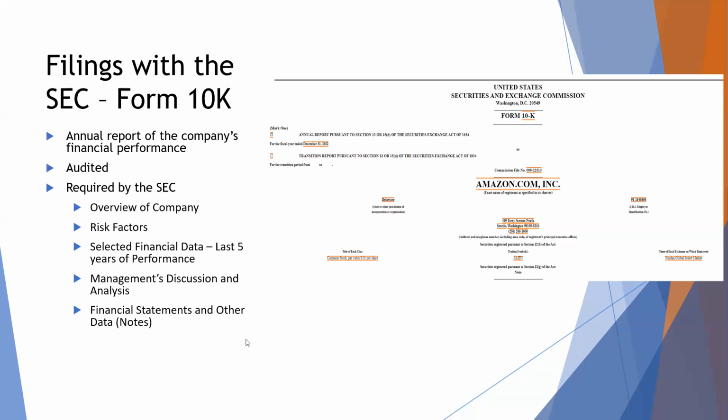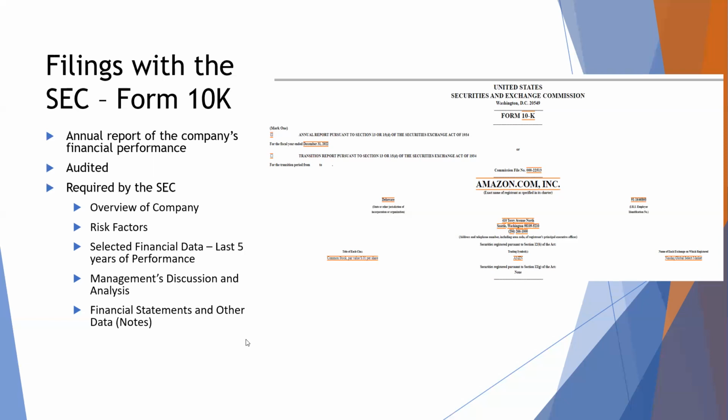They will then select 5 years of financial data so that the reader can see the performance trends. Management's discussion and analysis about how they feel performance has gone, where they see themselves moving on, where they see information that they may need to disclose. And finally, we have the financial statements and other data.